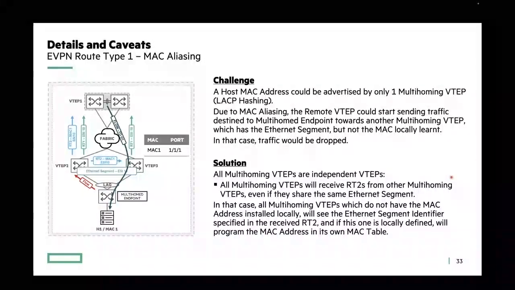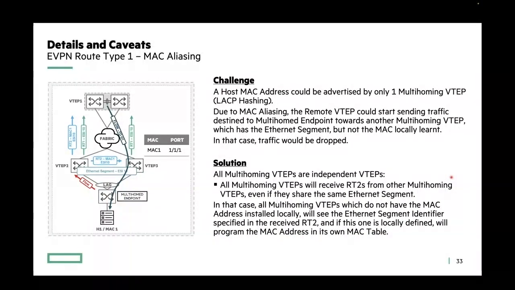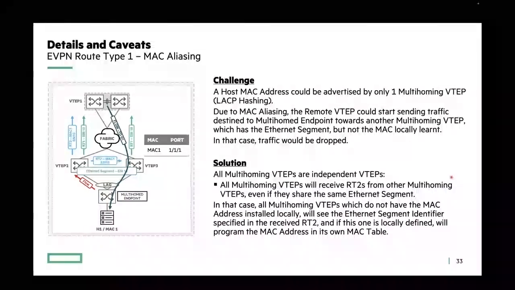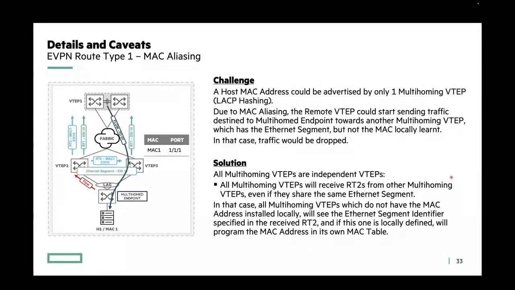It will check the ESI included in the NLRI, and if it matches an Ethernet segment which is locally configured, it will program the MAC address in its own MAC table. And so in that case, the next hop for this MAC address will be the physical port associated with the Ethernet segment.